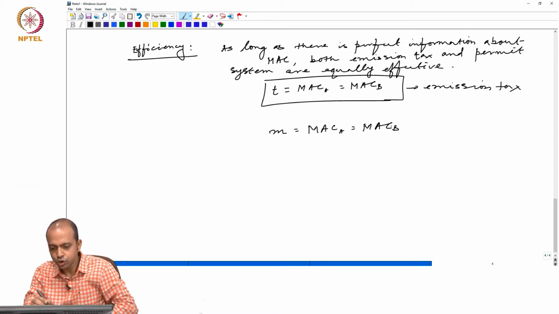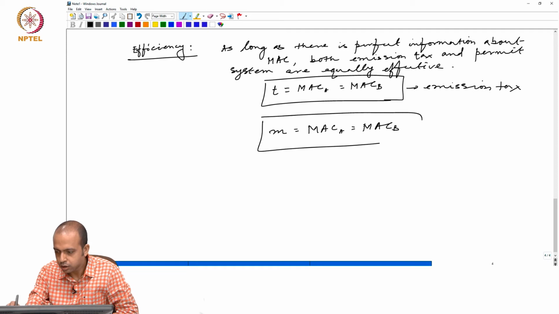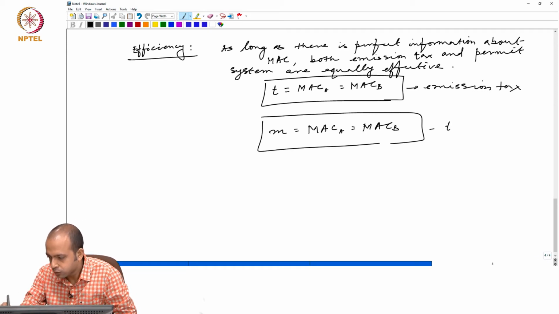So we need to know the marginal abatement cost of each firm.